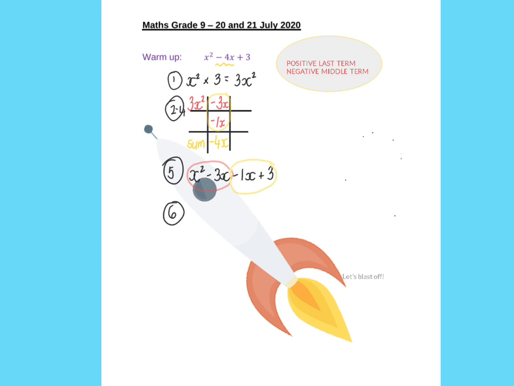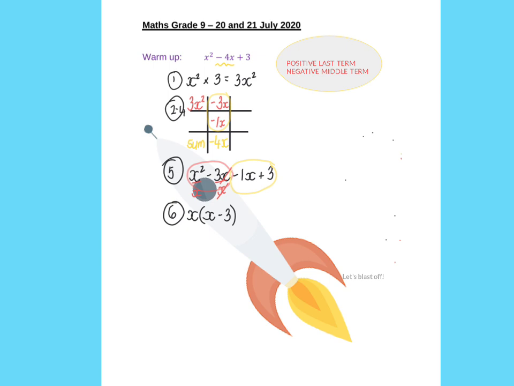So I can take out a common factor of x and then divide each of the terms in that group by the common factor x. Remaining in the first group would be x squared divided by x gives me x, and then negative 3x divided by x, the x's eliminate one another and just negative 3 remains.